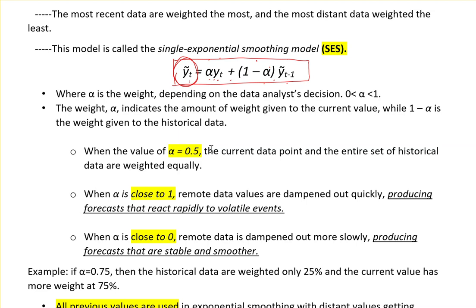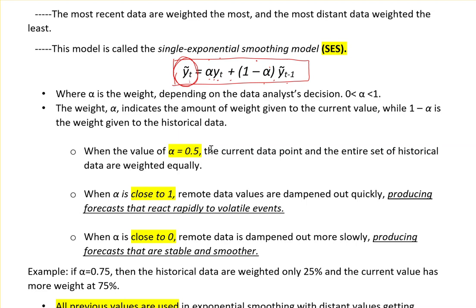They have the same contribution to the prediction. Next, what if alpha is close to 1? Alpha is the weight for the current value, so if alpha is closer to 1, the current value is very, very important.